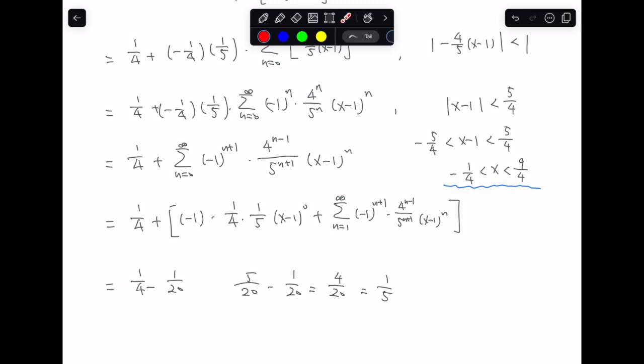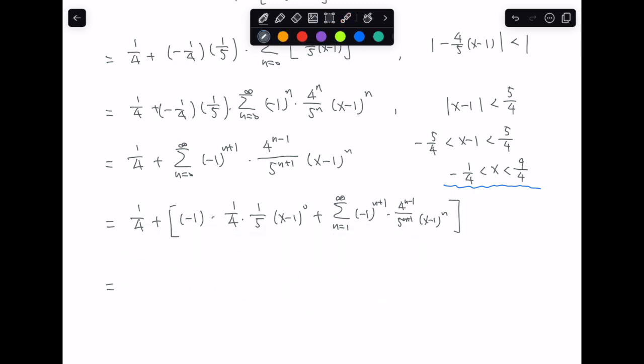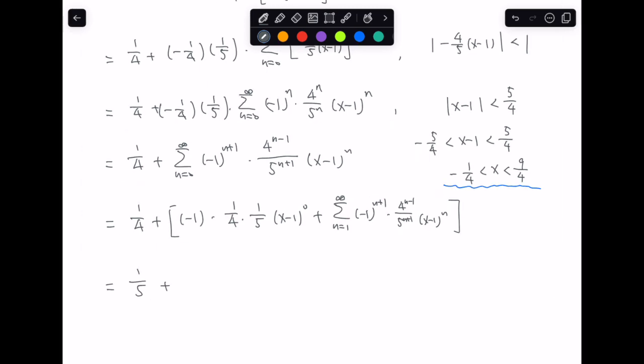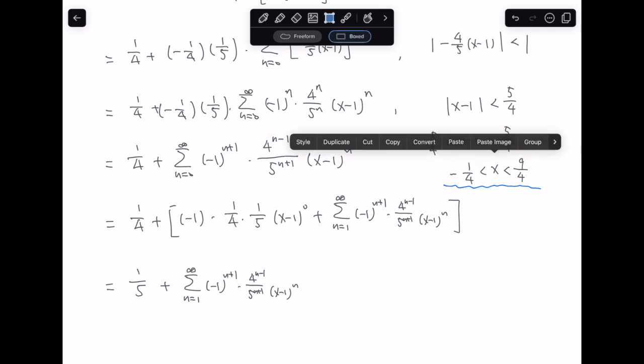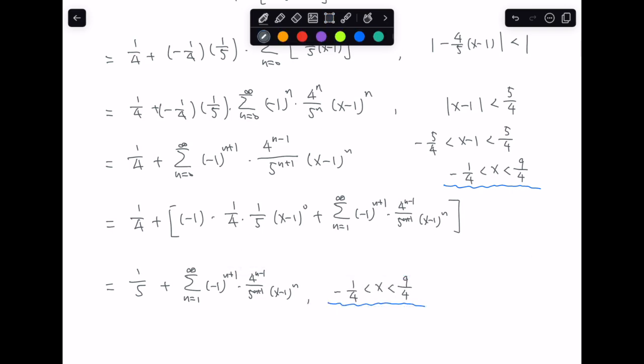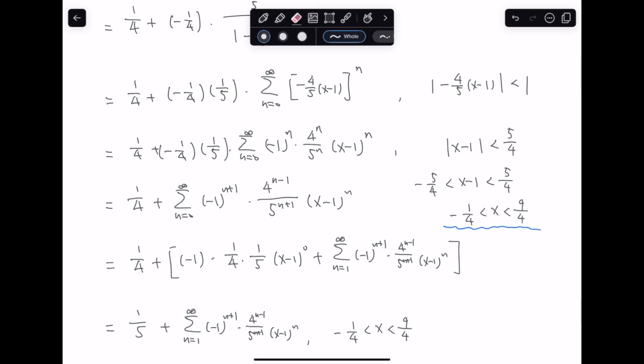So this one is going to give us 1 over 5, plus the remaining thing, and then put our interval of convergence here. That is this question.